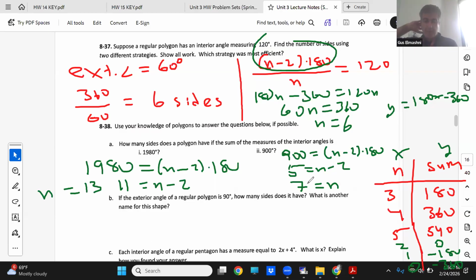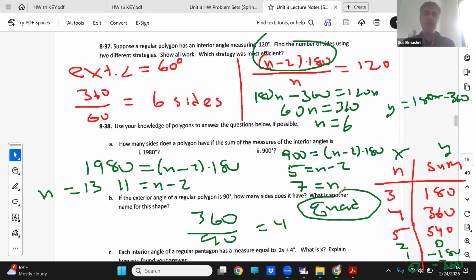And then if the exterior angle is 90, well, you see 360 over 90, that's easy. You get 4. And if it's 4 sides, what do we call that? It could be a square. But to be on the safe side, call it quadrilateral, because we don't know if it's a square. Actually, you're right.